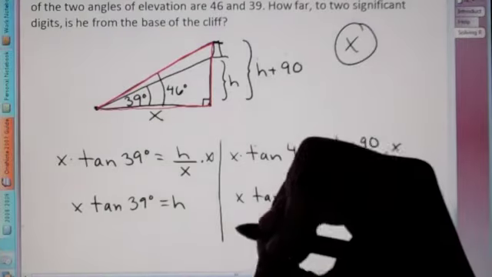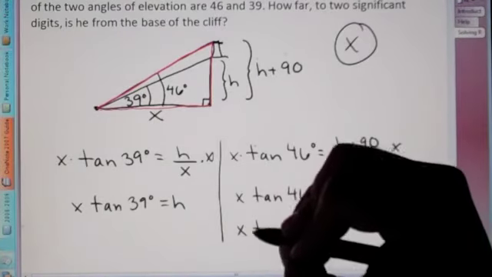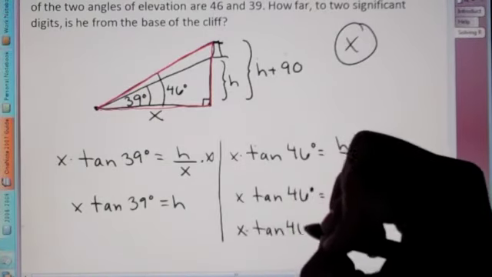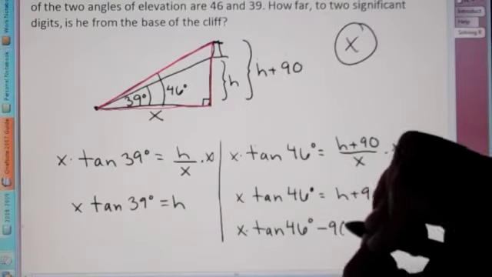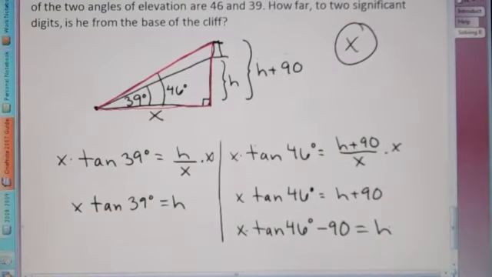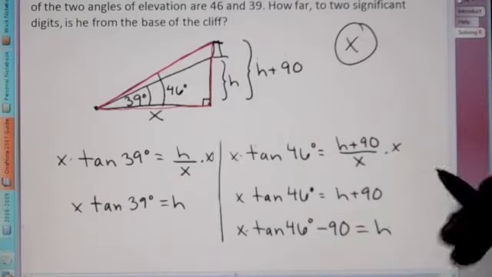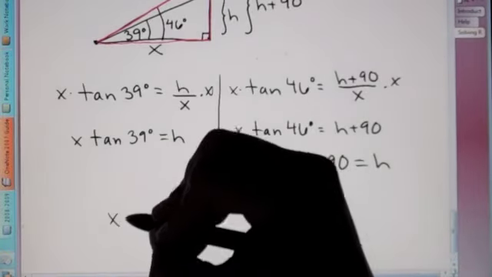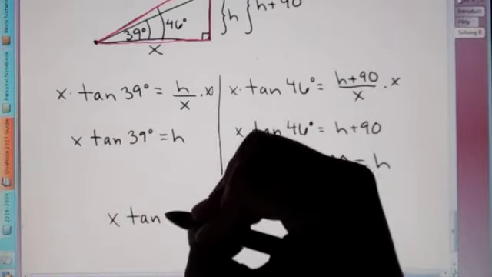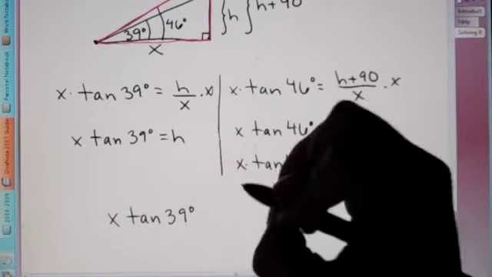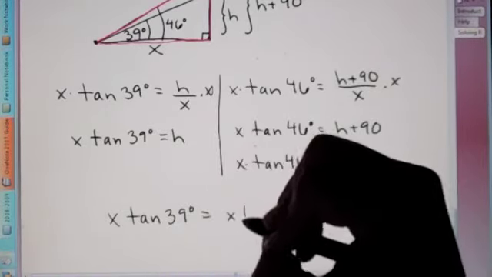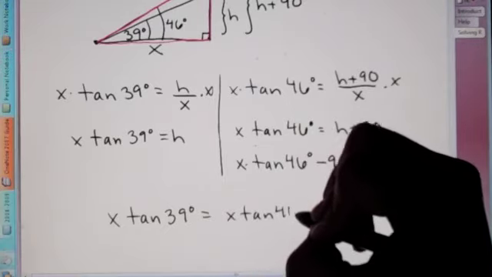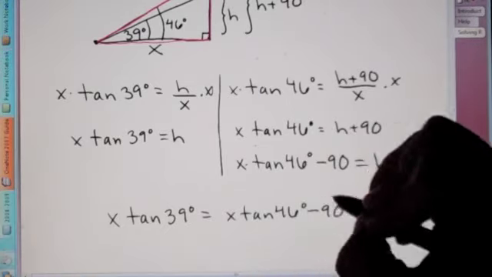So we're going to subtract 90. So x times the tangent of 46 degrees minus 90 is equal to h. And again, the reason why we did this is now since both of these are equal to h, we could set them equal to each other. Okay, equals x tangent of 46 degrees minus 90.